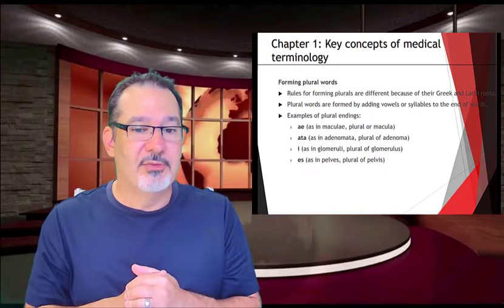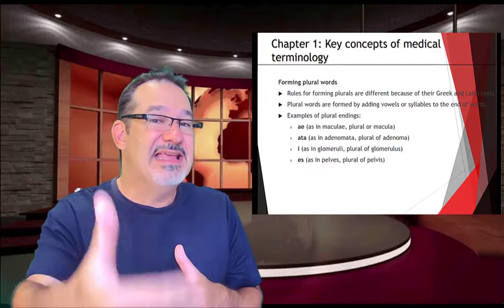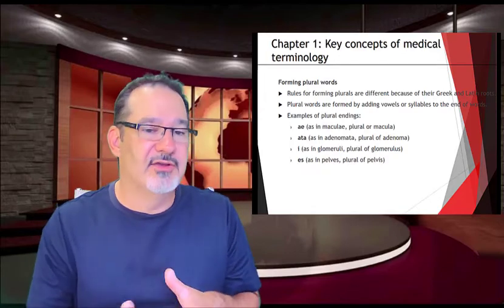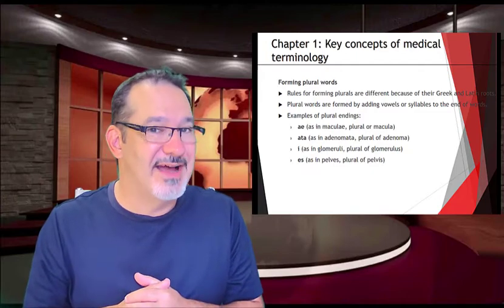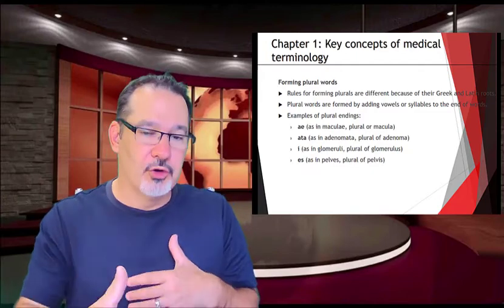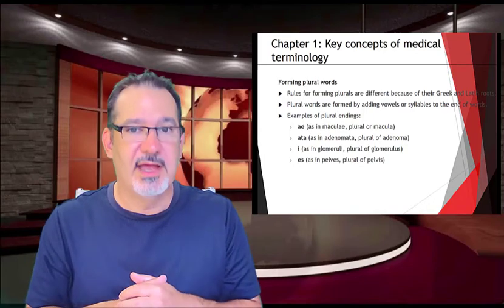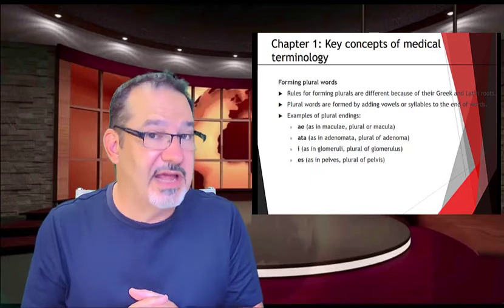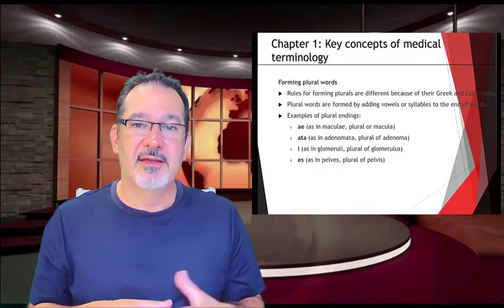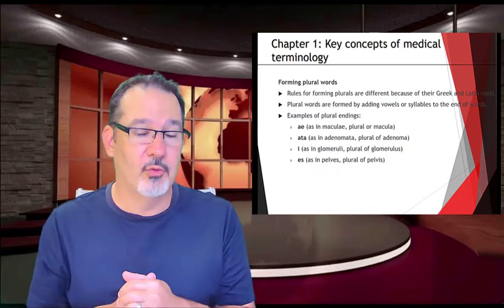We simply add an AE at the end. Adenoma, adenomata is the plural of adenoma. Adenoma means a tumor of a gland, so adenomata means tumors of multiple glands, or more than one.